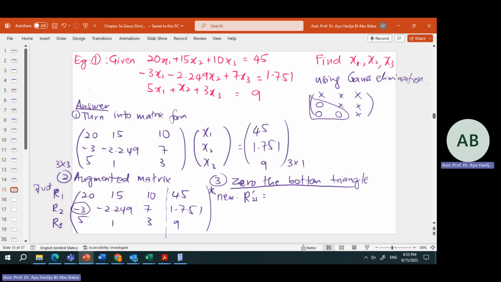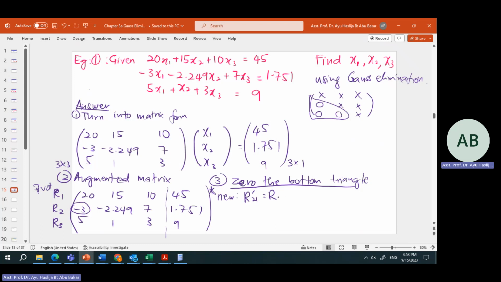Okay. Here's how it looks like. This prime means new. No prime means the old, the original one.